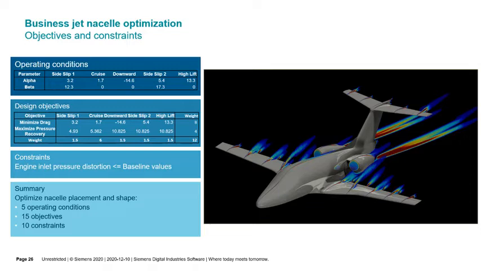The question comes, how do we handle a design problem as significant as this? If we have 5 operating conditions and 3 objectives, that's a total of 15 objectives for the entire study. And some of you may be familiar with optimization techniques, and one approach that you might be aware of is to do a Pareto optimization, where we allow the optimization algorithm to independently consider all of the objectives and try and characterize the trade-offs in performance between those objectives.